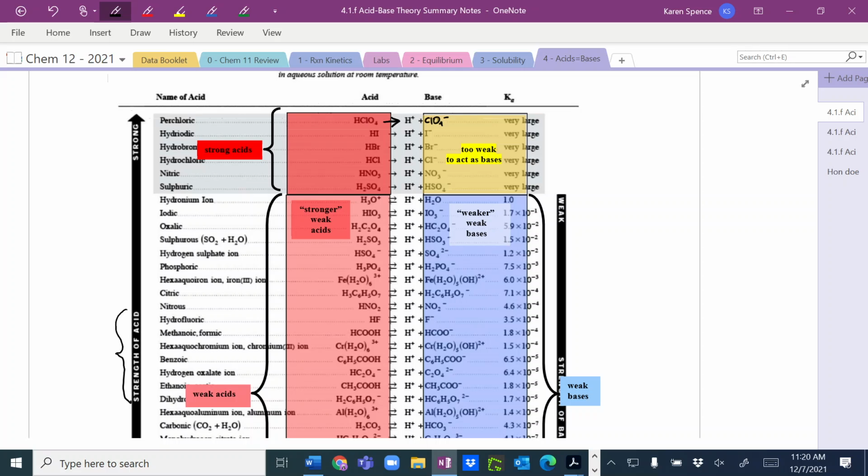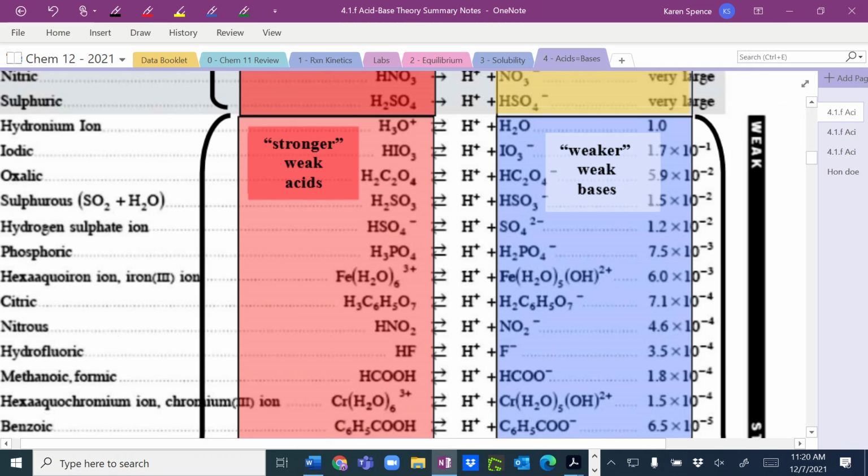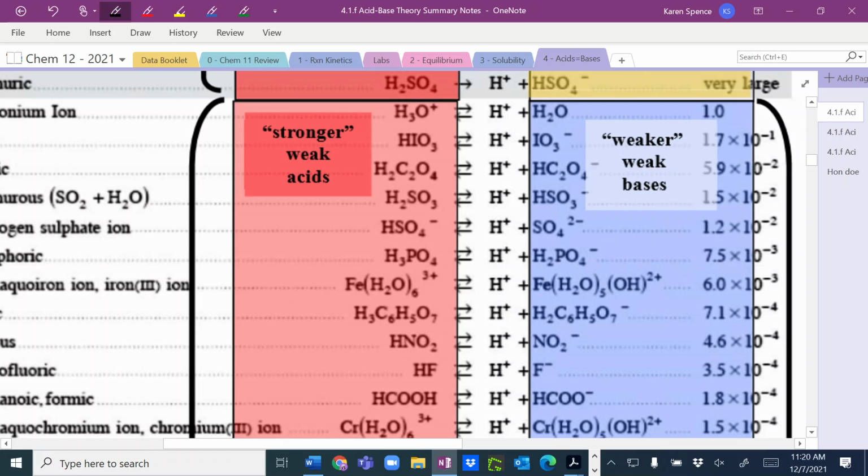So if we had our stronger weak acids, a larger percent of HA is dissociated into H plus and A minus.